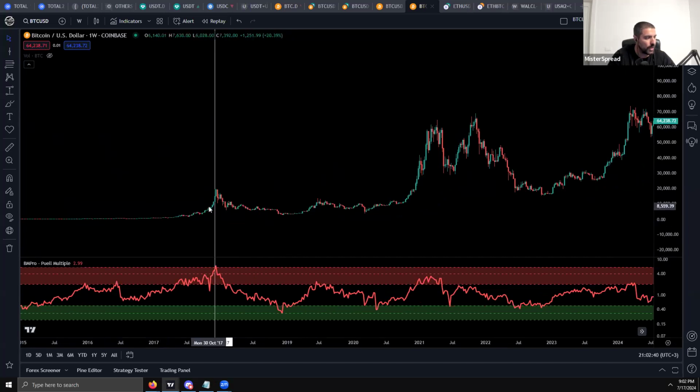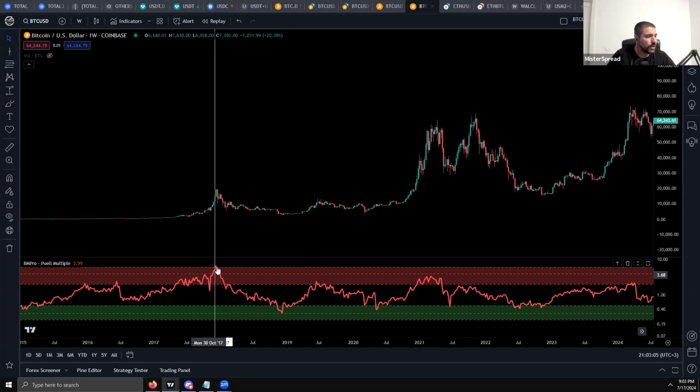So you bought in this area when we were already around 9,000, right? Or even from 4,000, it was already a 20x when we started going from above 2 towards 4. So on the Puell multiple, I would say that when you're going above 2 and we're having a sustained period above 2, that would be a first time to start DCing out.